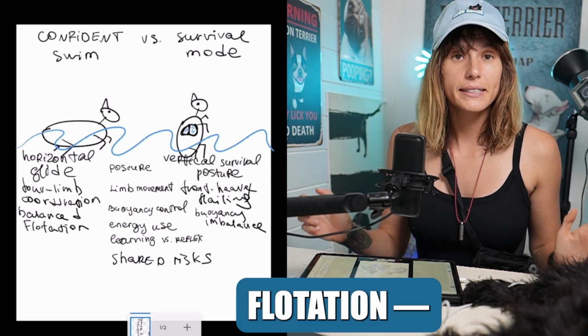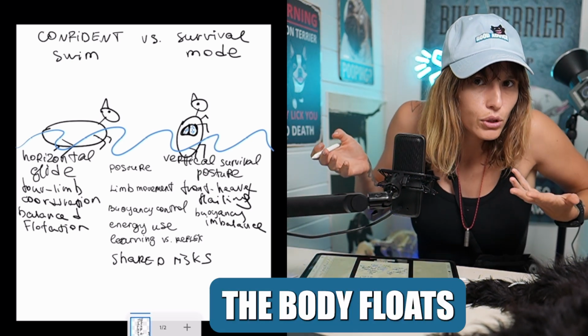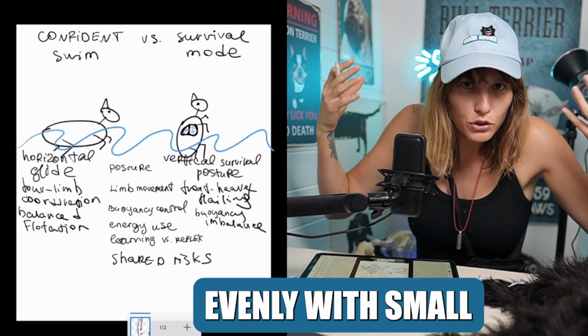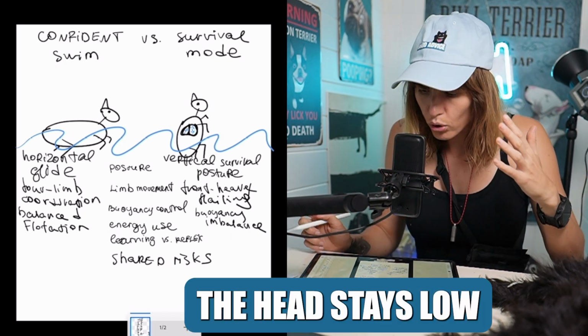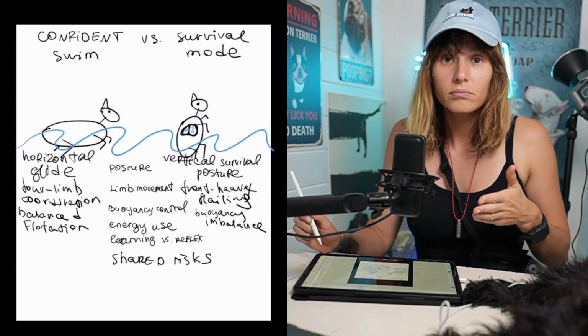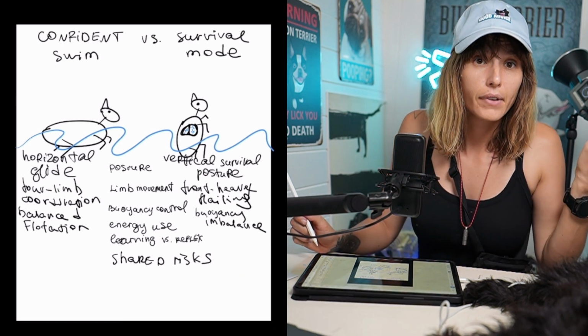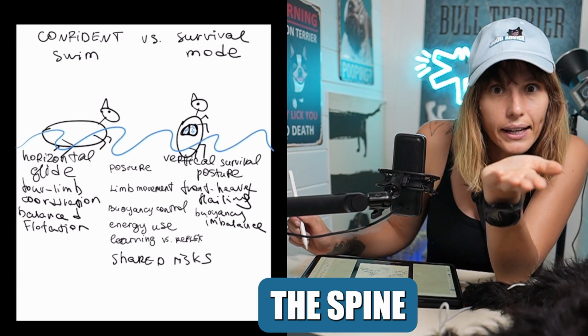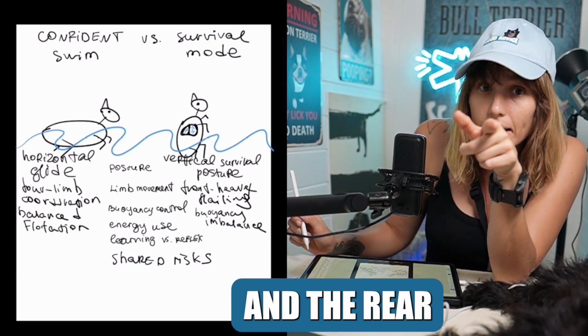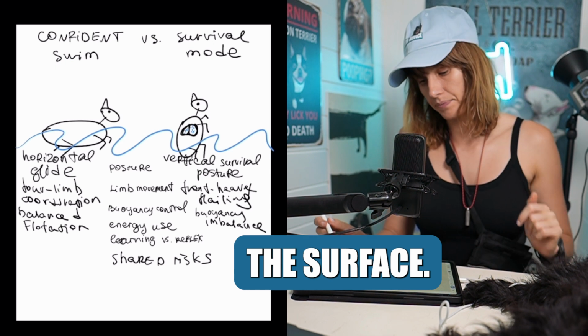So balanced flotation. The body floats evenly with small posture adjustments. The head stays low and relaxed, and that allows the spine to stay level and the rear to remain near the surface.